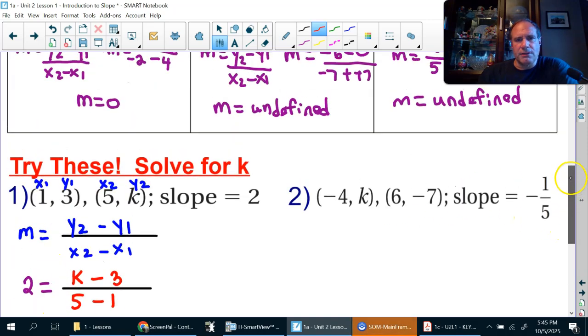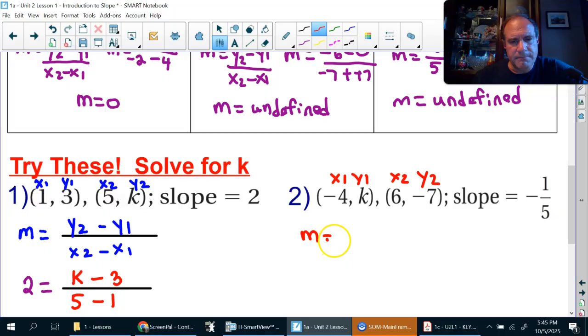Right? We're going to go to the other one. We're going to do the same thing. We're going to put x1, y1, x2, y2. So we're going to put m equals y2 minus y1 over x2 minus x1. So the m is going to be there. We're going to put the minus signs. It's y2 minus y1 over x2 minus x1.